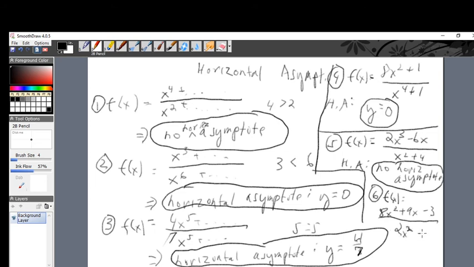What do we have over here? We have a tie. This is 2 and this is 2. They're equal to each other. What happens when they're a tie?